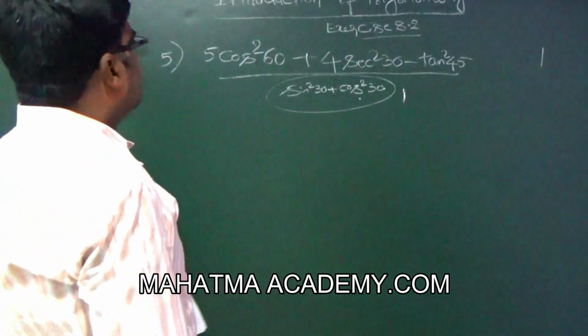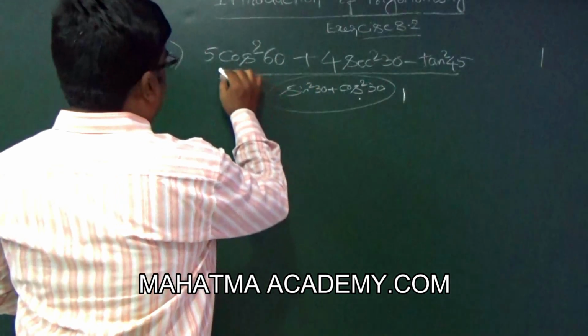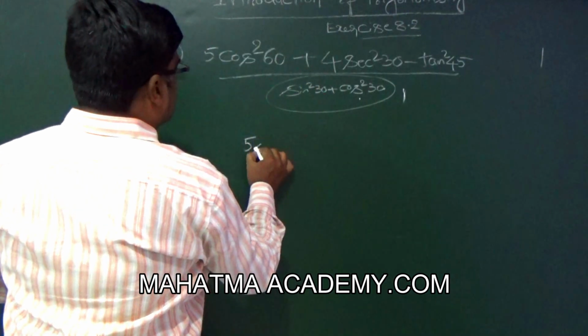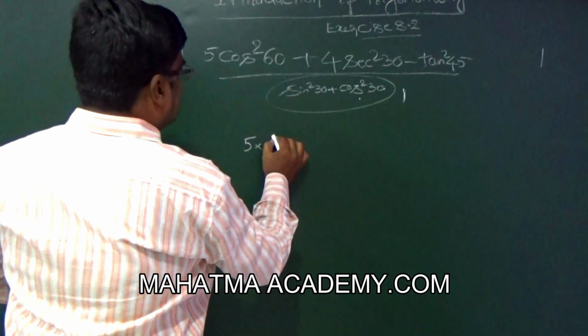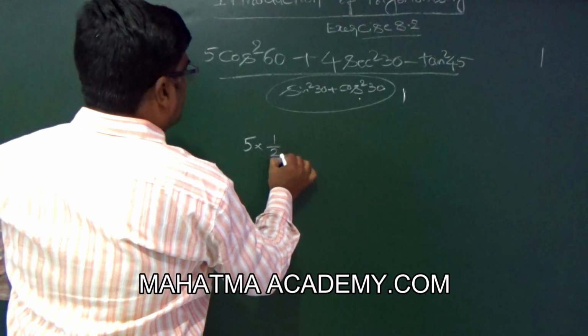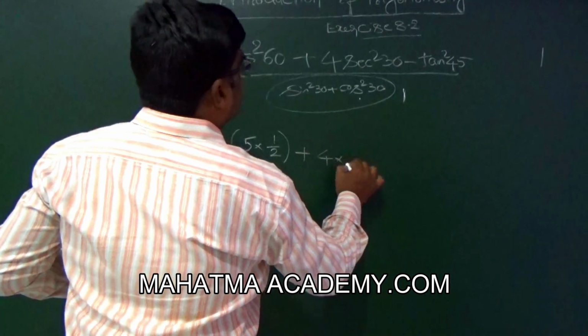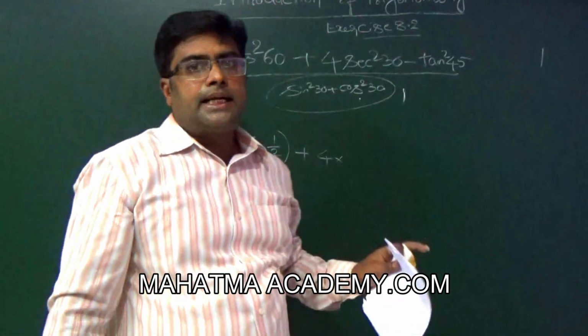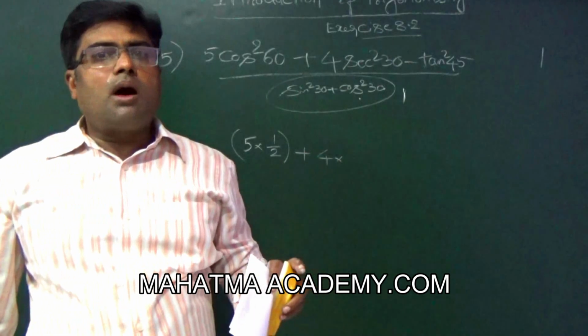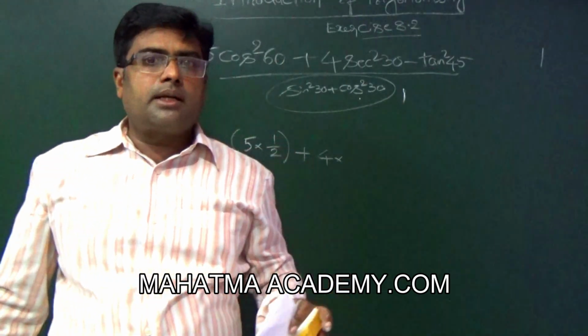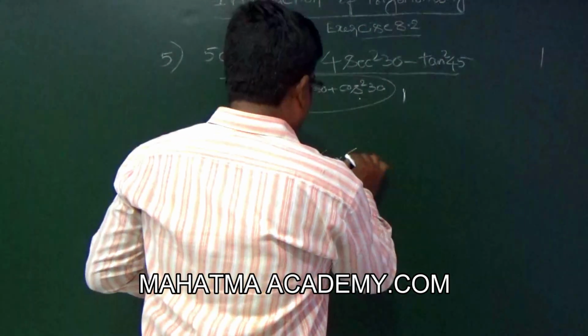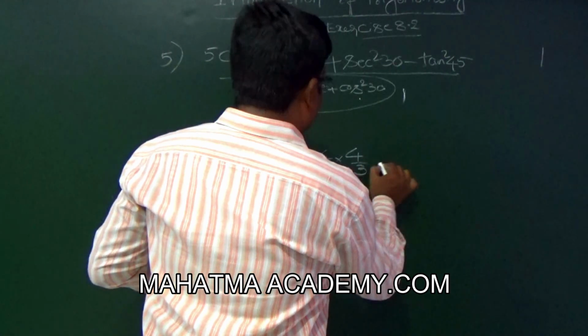In the numerator, 5 cos square 60. Cos 60 is 1 upon 2, so cos square 60 is 1 upon 4. Plus 4 secant square 30. Secant 30 is 2 upon root 3, so secant square 30 is 4 upon 3.